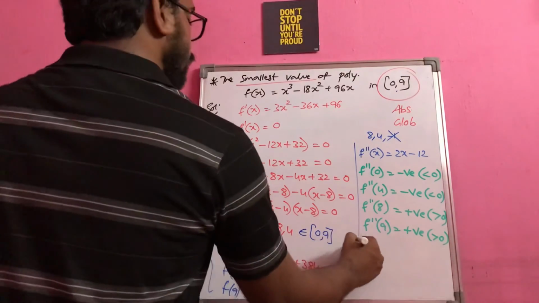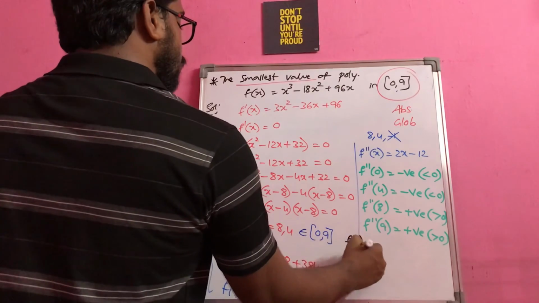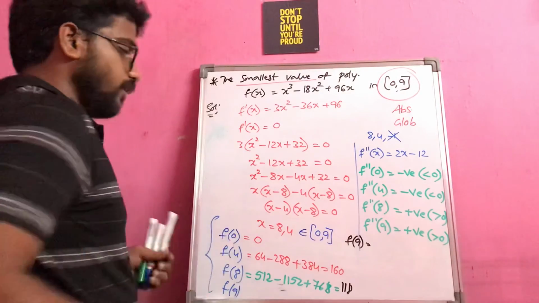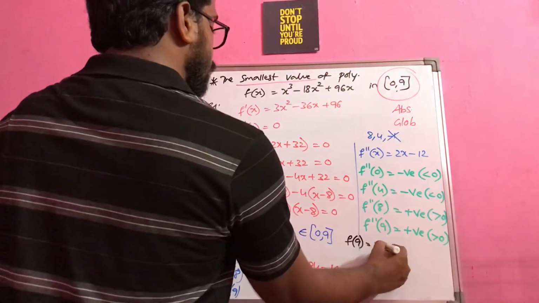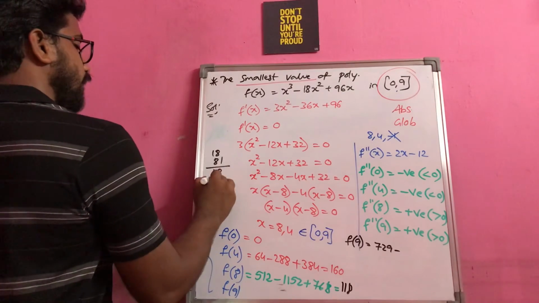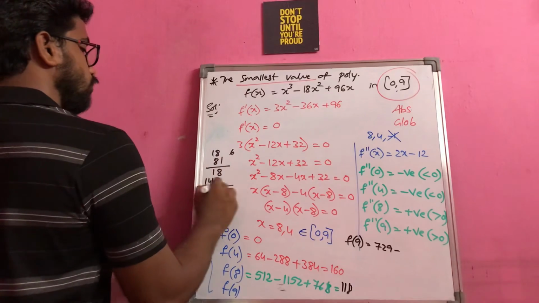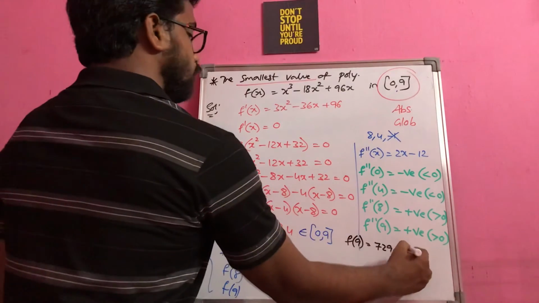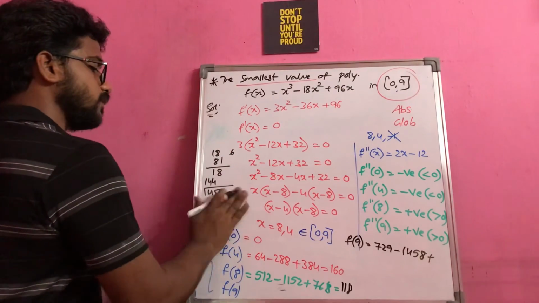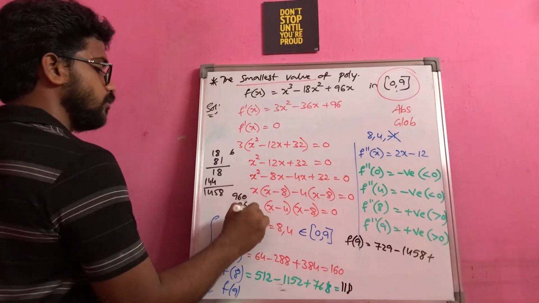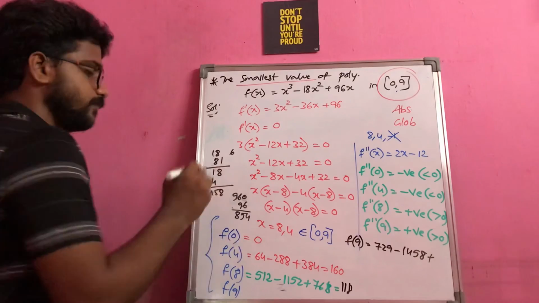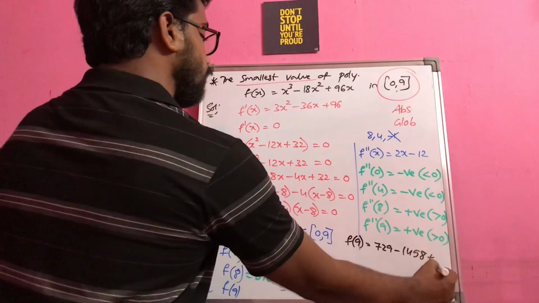Let us find out f of 9 now. If you find f of 9, 9 cube will become 729, minus 18 into 81. 18 into 81 is 1458. So 1458 and then plus 96 into 9, which is 864.